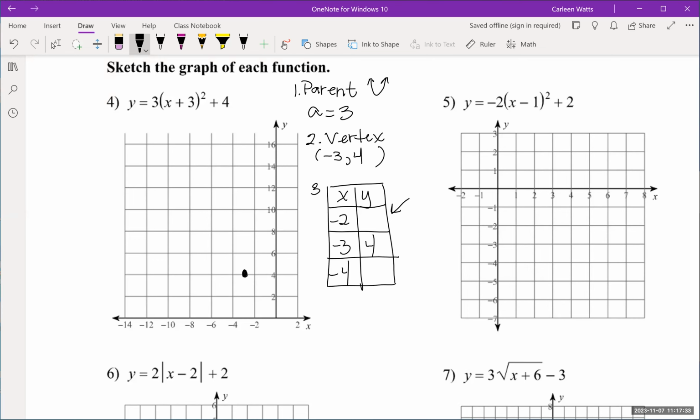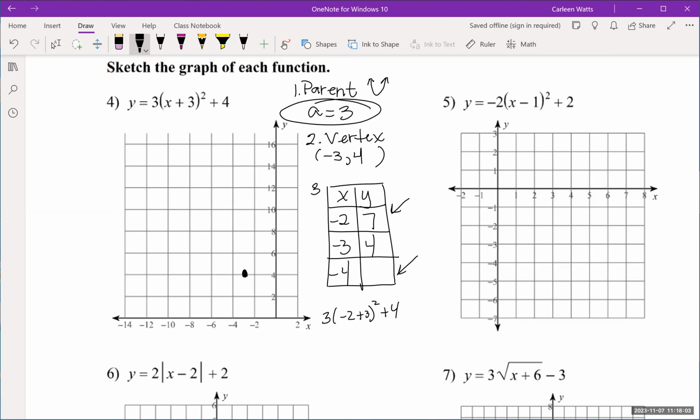Okay, let's calculate it. 3 times -2 plus 3 squared plus 4. Oh, it's 7, which is 3 above the vertex. Oh, so if A is 3, these are going to be 3 above the vertex.